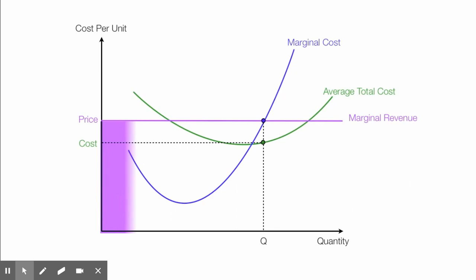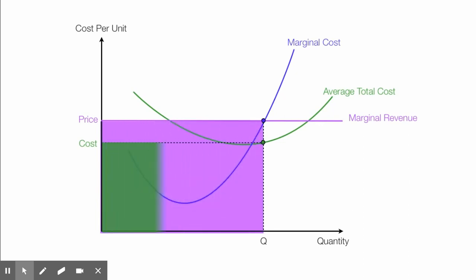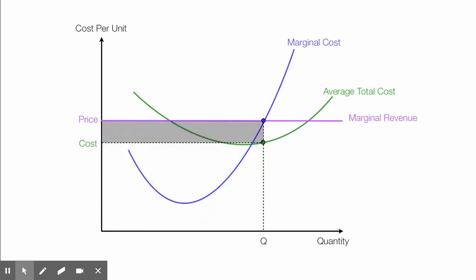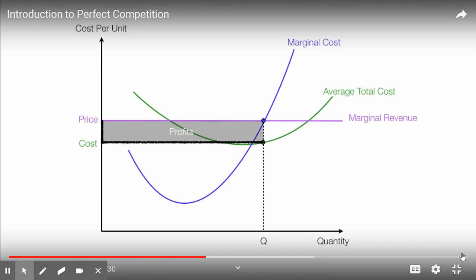So visually, I can take this purple, which is total revenue, and the green, which is total cost, and the dark purple area is actually profits. And I'll make that gray, see it a little easier. Profits. The width of that rectangle is Q, or quantity.